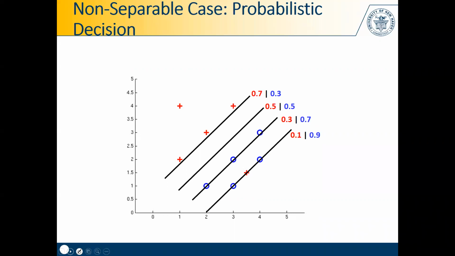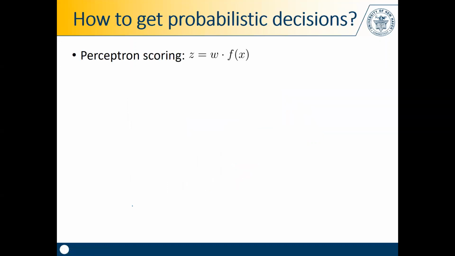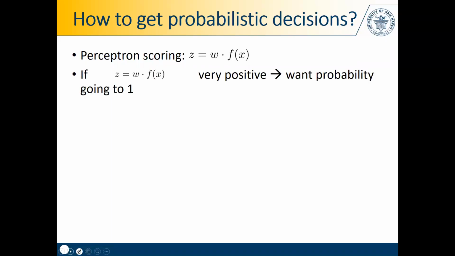Well, what can we do with this notion? How can we make use of it? Well, remember the scoring of perceptrons? We said the score for each perceptron is essentially the dot product of the weight vector and the feature vector. If the score was very positive, then we want the probability of the positive class to be closer to 1, right?